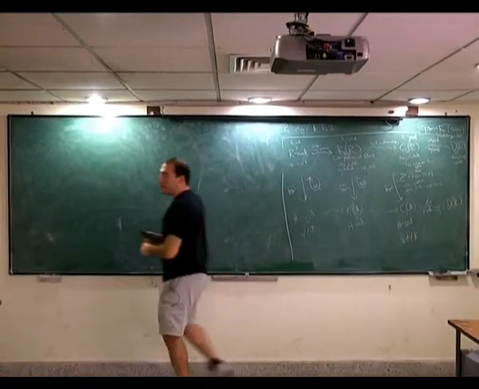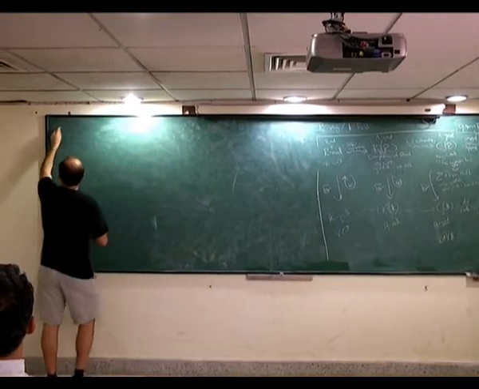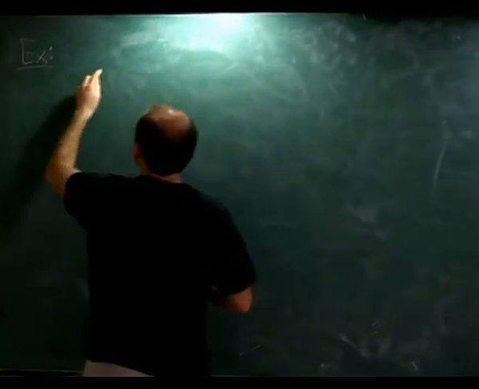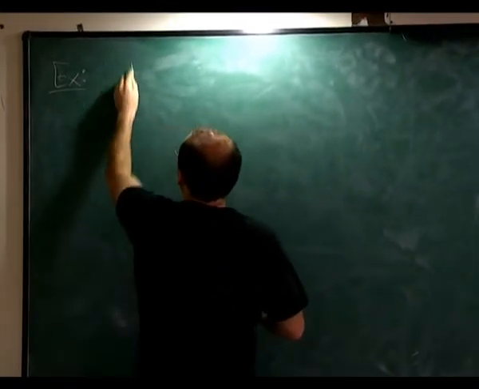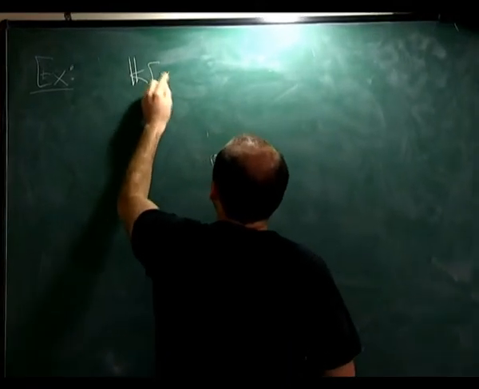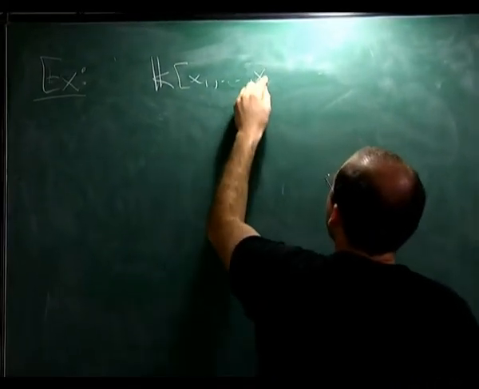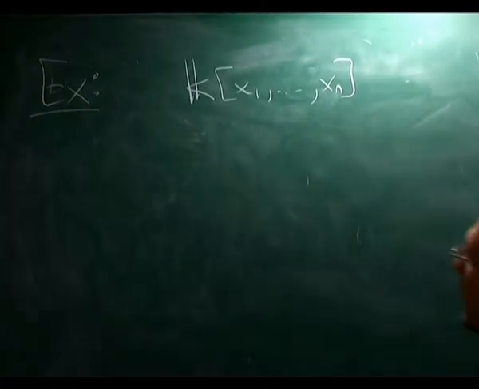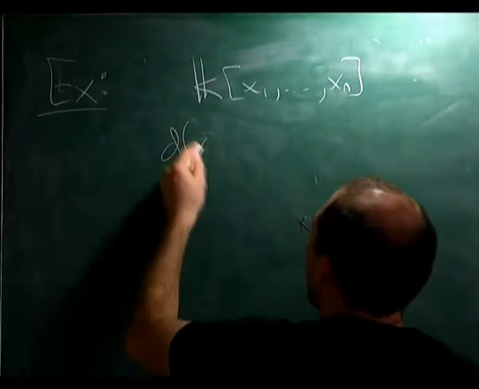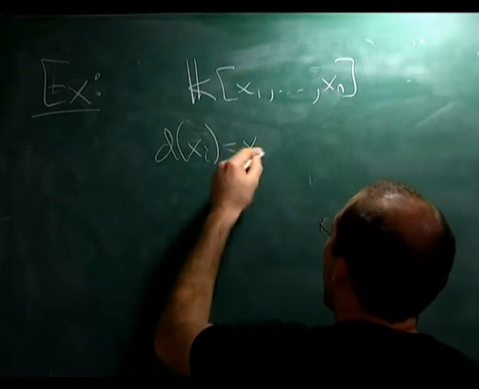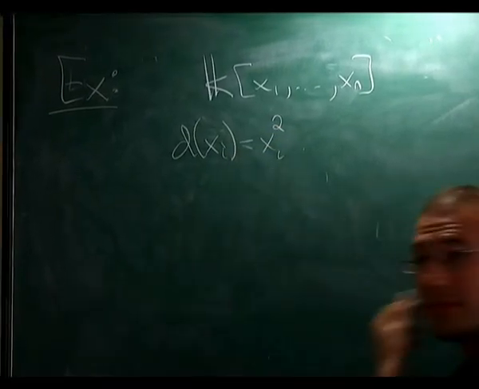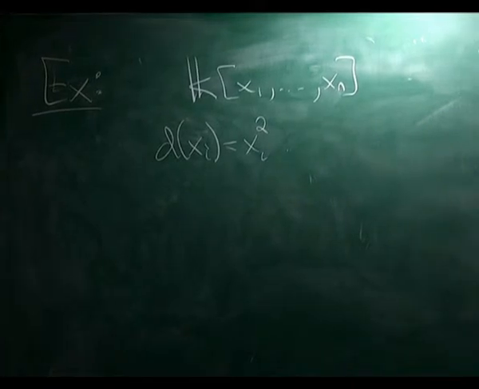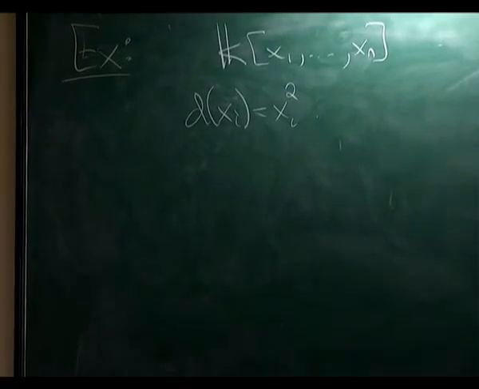So here's an example of a Pdg algebra. Okay? Consider the polynomial ring in n generators. We're going to let d of x_i be x_i squared. Remember, this is a map of degree 1, not degree minus 1. We're increasing the length of that polynomial.